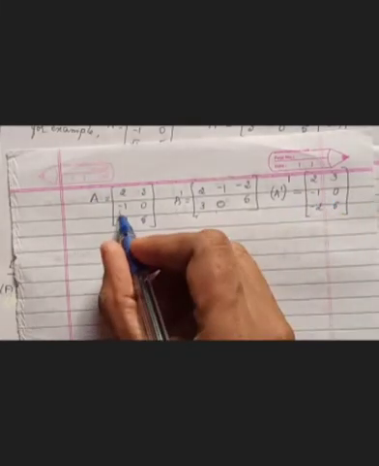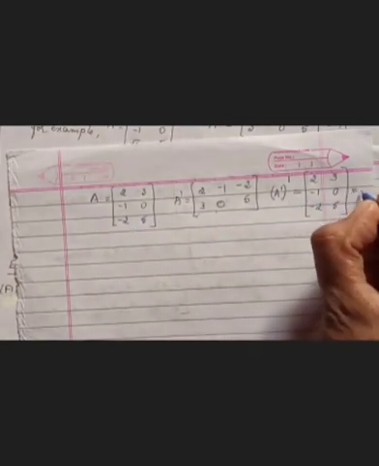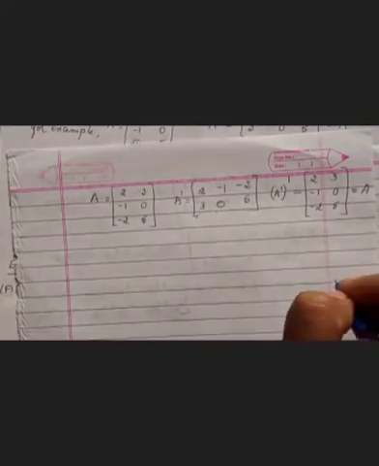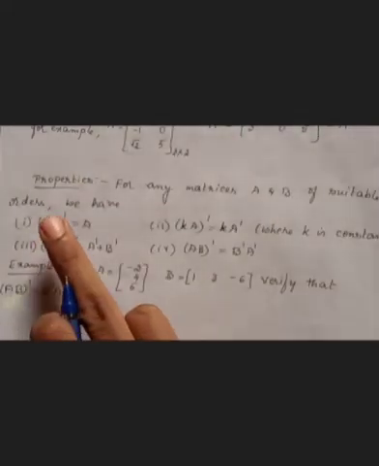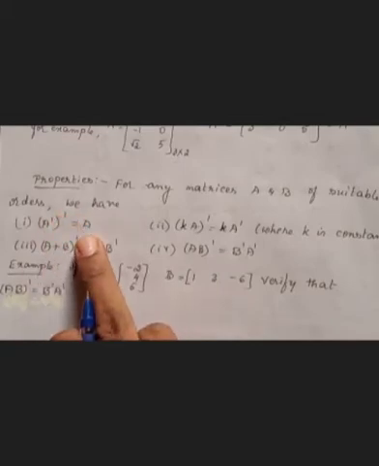These two are the same, so this is nothing but matrix A. Therefore, the first property is that A transpose of transpose is equal to A itself.